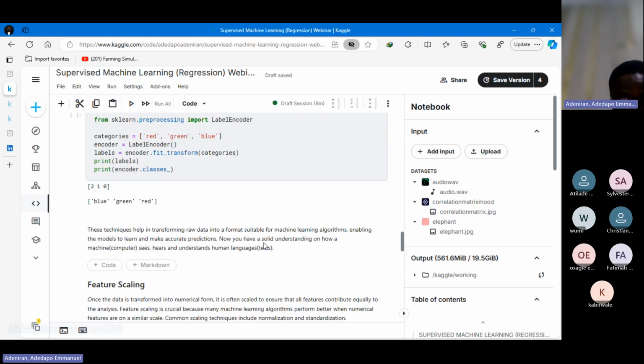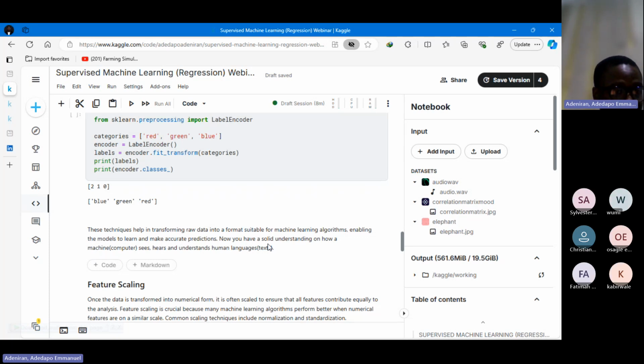It's also very important for you to know that using a label encoder is more appropriate for ordinal categories. That is, categories that follow a particular order, such as educational level. So it's very appropriate to use it for ordinal categories, not just any category that doesn't have an order, so the machine will not think that there is an order where there's no order.